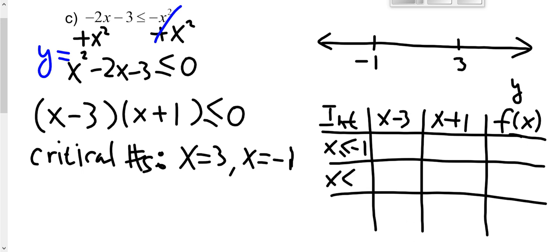So x is less than 3, greater than negative 1, and again, inclusive. So equal, equal. Last but not the least, this region here, anything greater than 3, including 3, because of the equal sign.